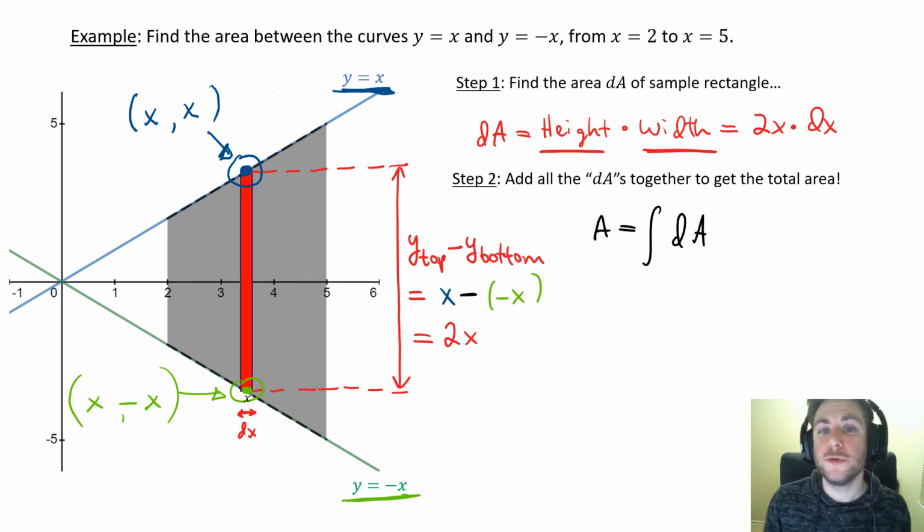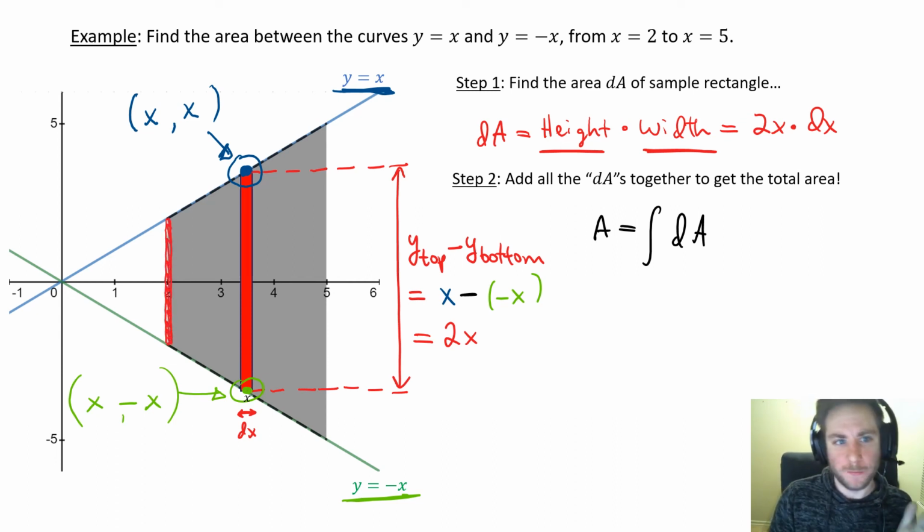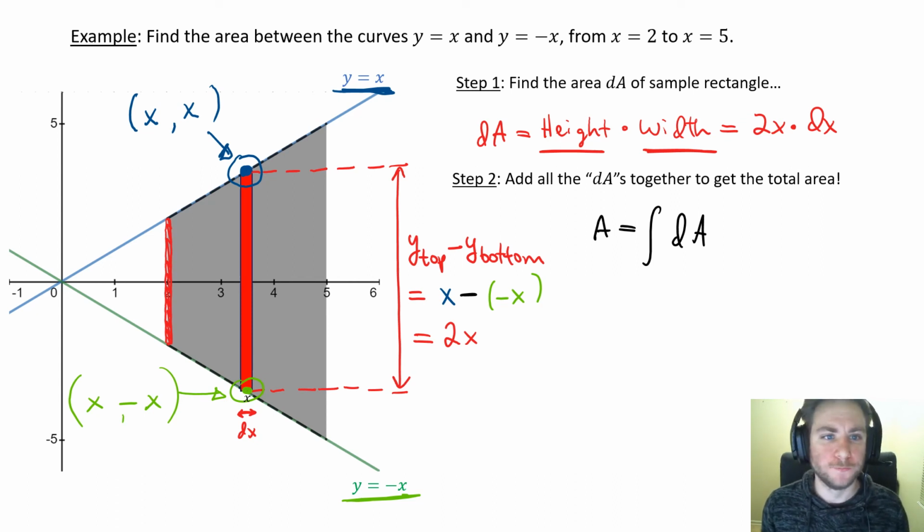But we still need to include our integration limits. What should those be? Well, if you were to imagine building all these rectangles across the entire region from left to right, the first rectangle you build would be at x equals 2. And the last rectangle you build would be at x equals 5.